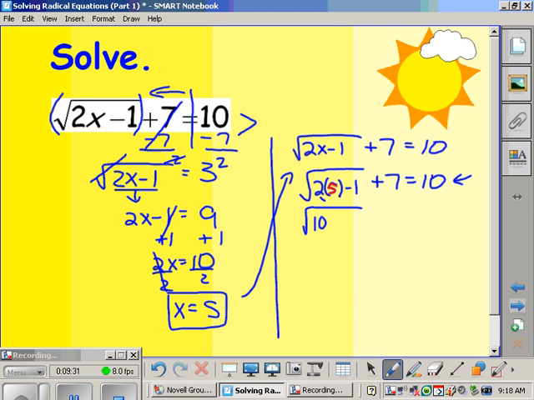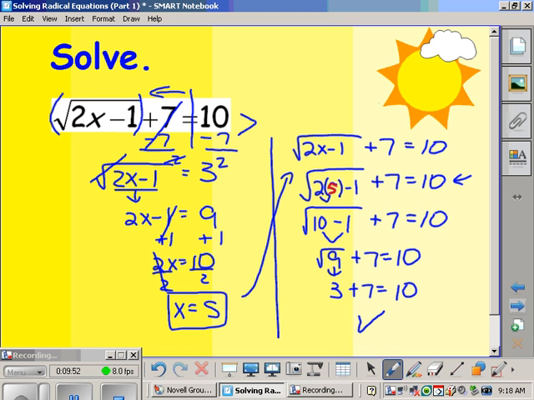So we would have 10, because 2 times 5 is 10, minus 1 under the radical, and plus 7 outside the radical. 10 minus 1 is 9, so we have radical 9 plus 7. Radical 9 is 3 because it's a perfect square, and 3 plus 7 does in fact equal 10. So our answer checks out.